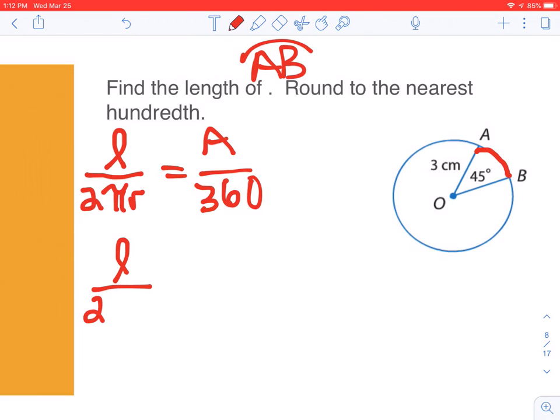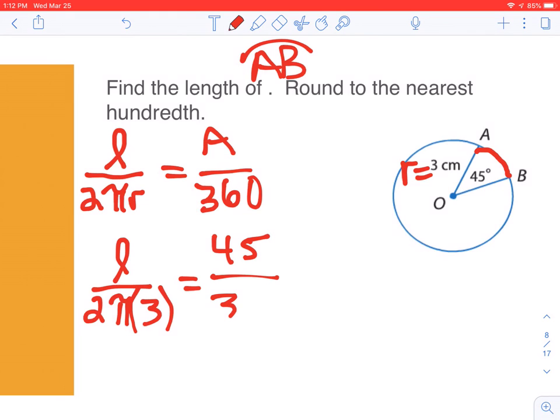Okay, length, I don't know. Okay, 2 pi, do I know the radius? Radius is right over here, 3 centimeters. I'll put that in parentheses. Equals the angle, do I know the angle? I do. 45 over 360.